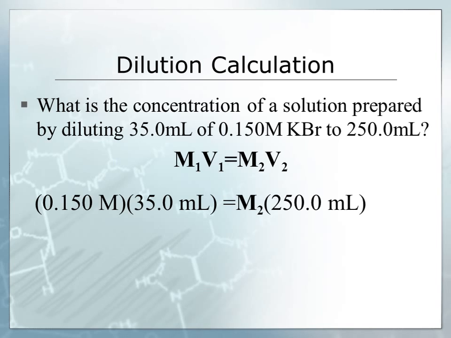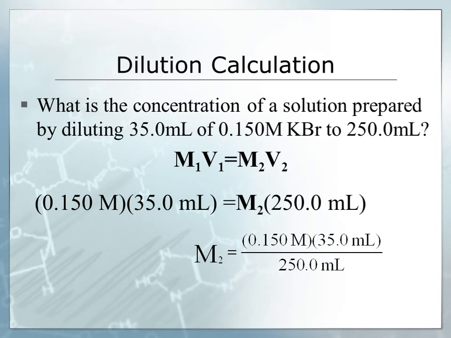What we want to figure out is, what is that resulting concentration going to be? If we substitute in our values and then rearrange to isolate the final molarity, we find that we should get 0.0210 molar potassium bromide.